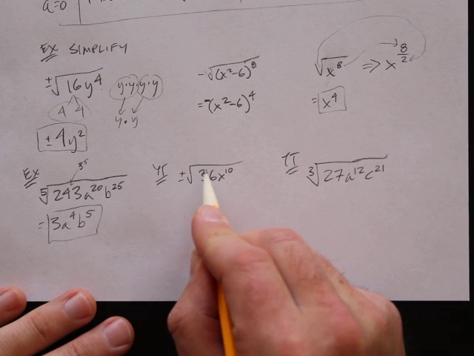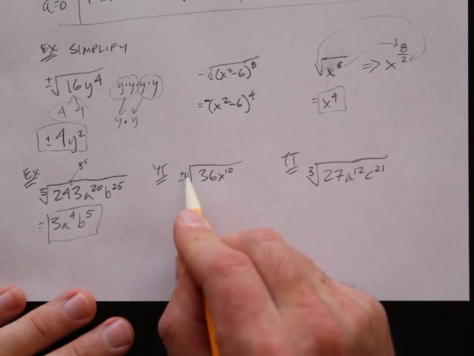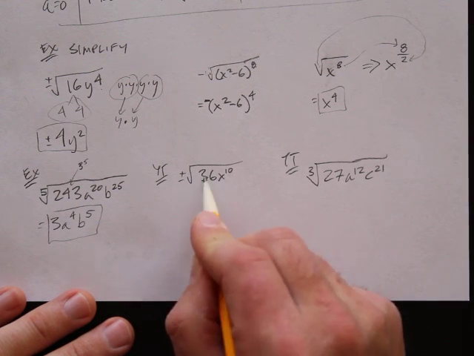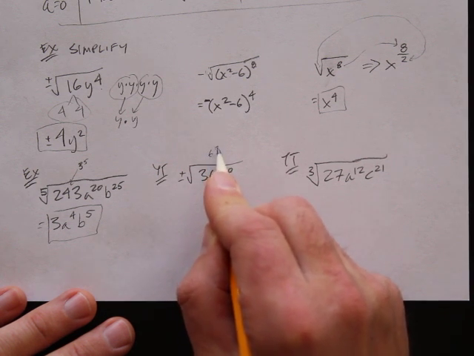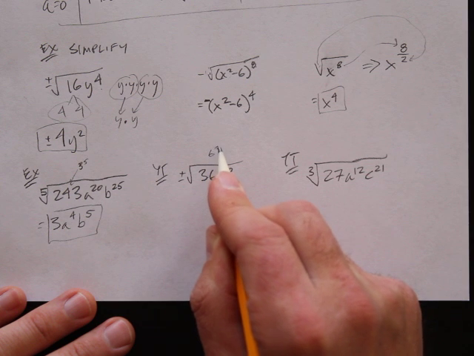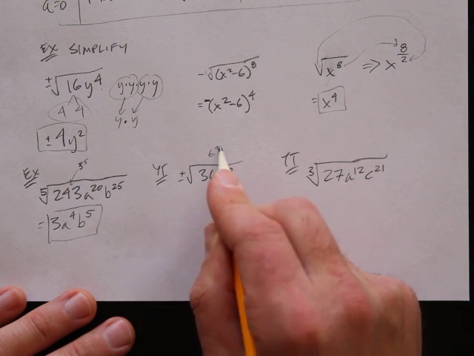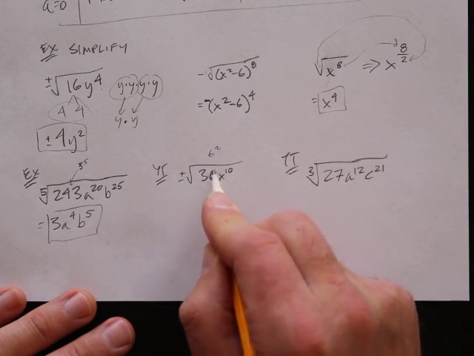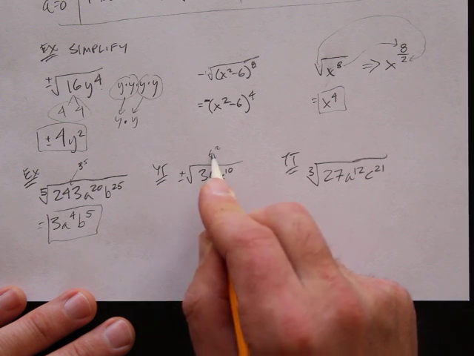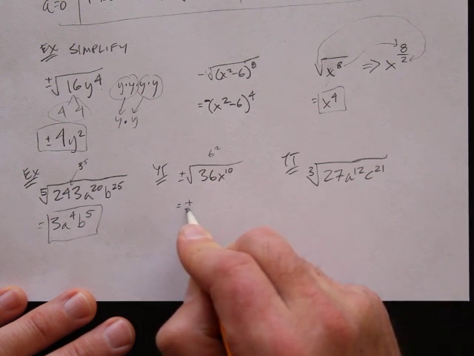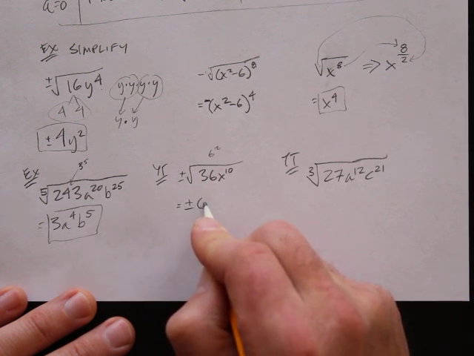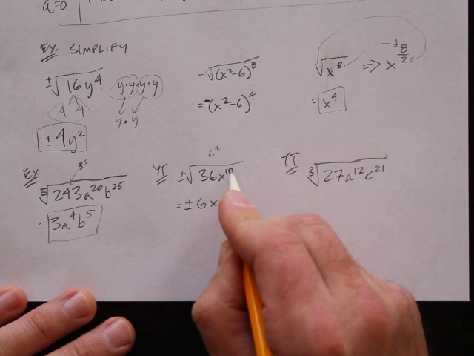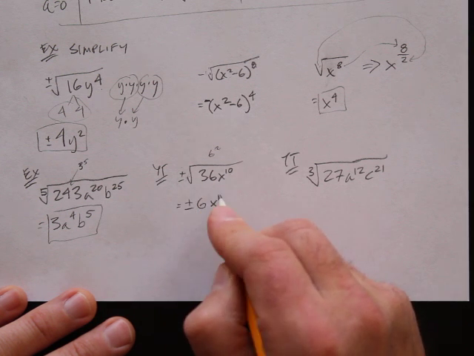So I've got 36 here, and I'm doing the square root of this term here. So 36 is 6 squared, and so 2 divided by 2 is 1. So the square root of 36 is 6. So plus or minus that, plus or minus, whatever is out here in front stays. So I've got 6, and then x, 10 divided by 2 is 5.